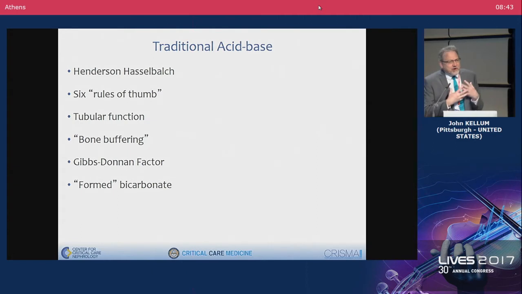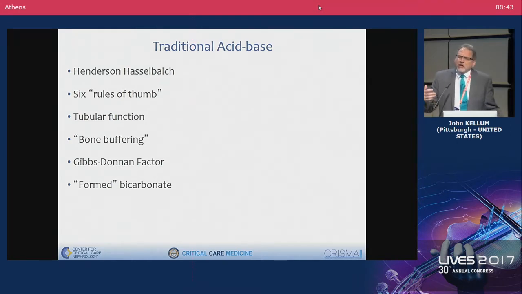But neither of those by themselves is adequate to really understand acid-base physiology, particularly in critically ill patients. In normal mammals, many of these approaches are sufficient, but certainly not in understanding critically ill patients.